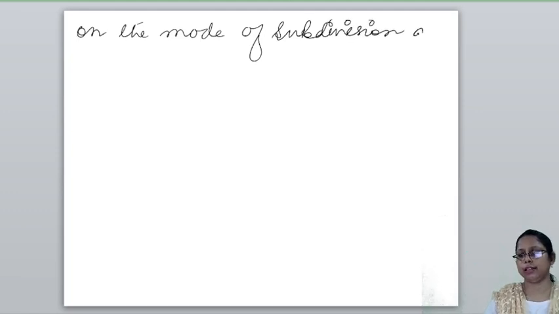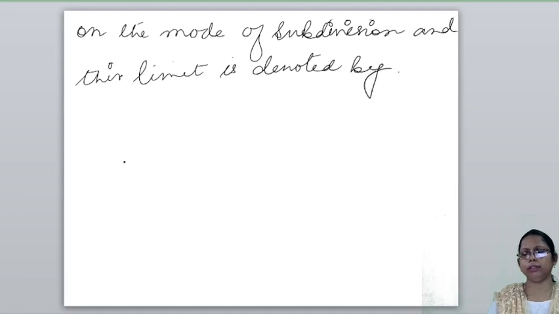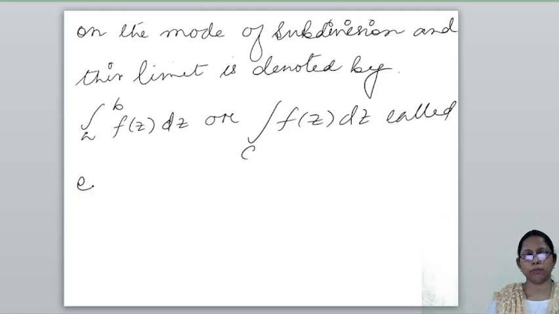This limit is denoted by integral from A to B of f(z) dz, or integral of f(z) dz, called complex line integral.